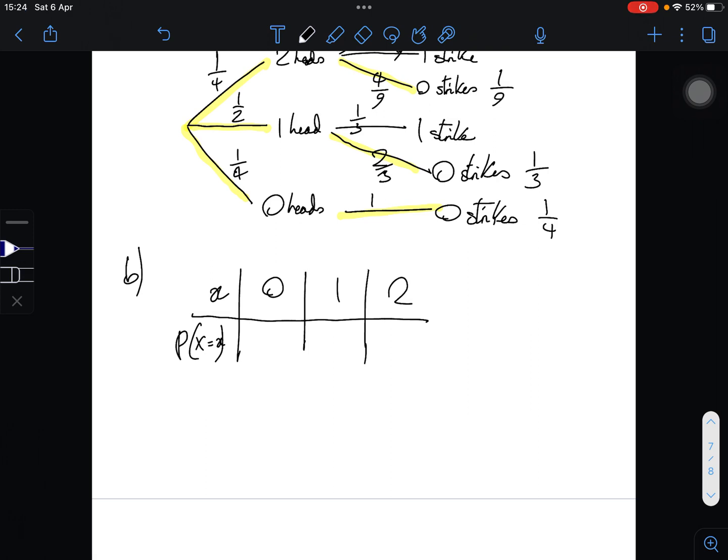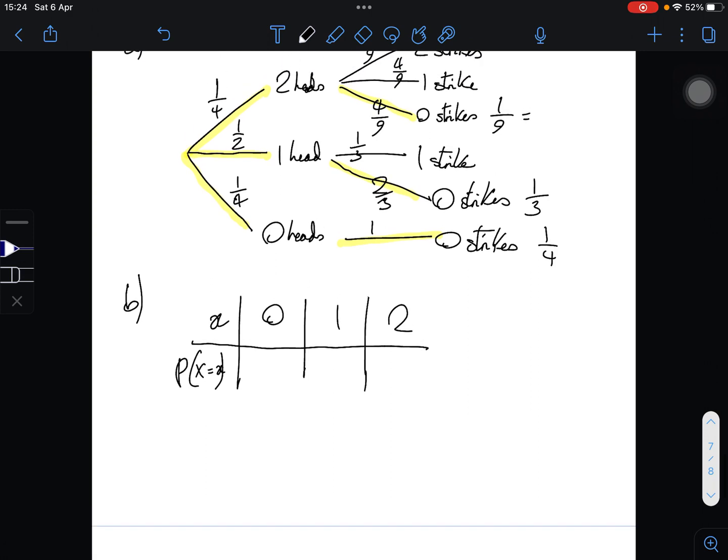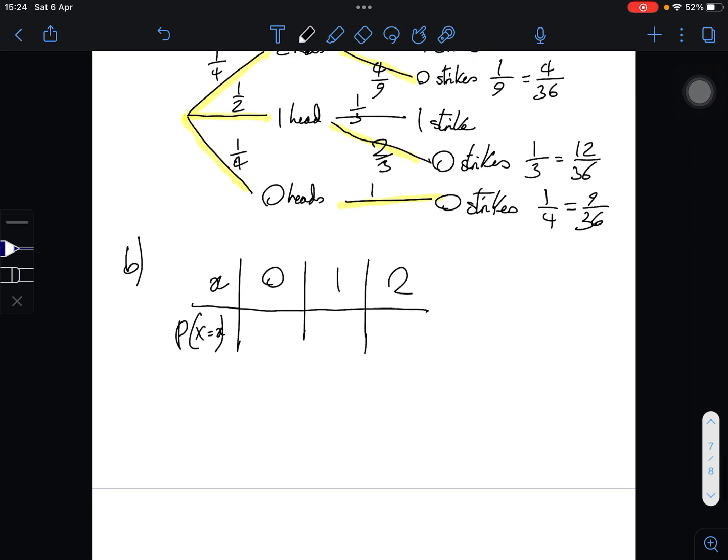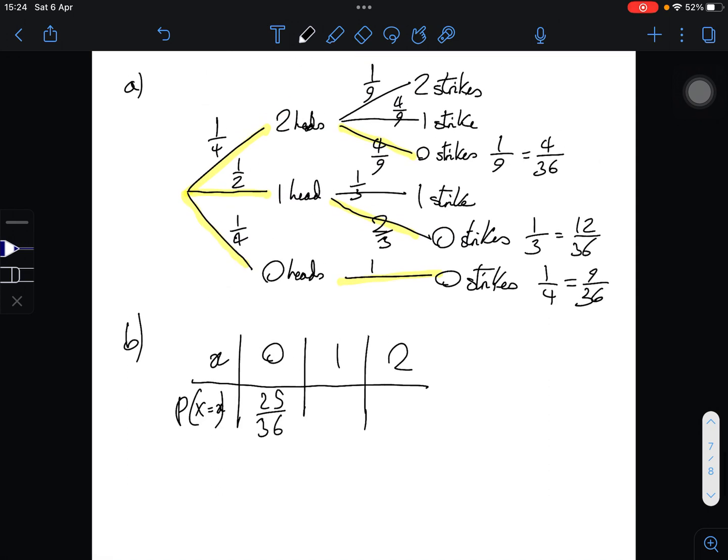So 4 plus 9 plus 12. What I'm basically doing is converting them over 36, so I can add them. Again, this is where your fractions comes in handy. Definitely worth revising that. And so if you add those up, you should get 25 over 36. So it's very high, actually, that she gets nothing.